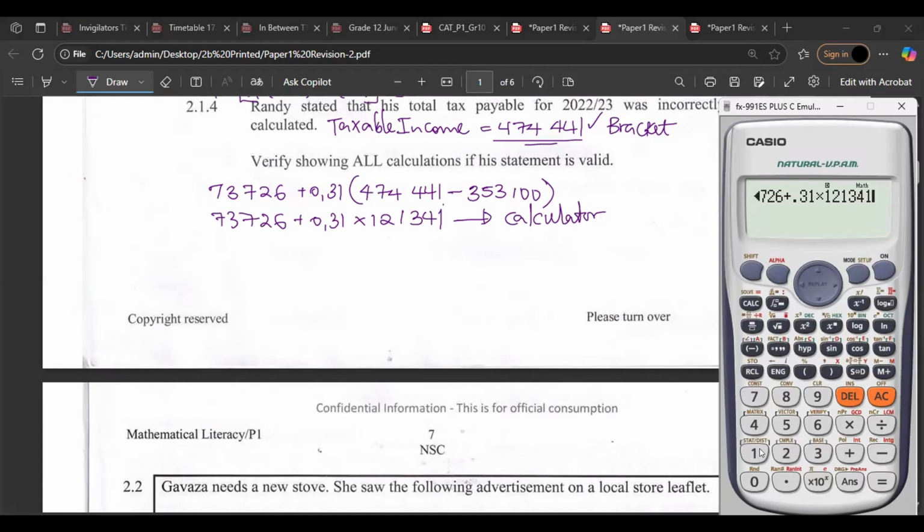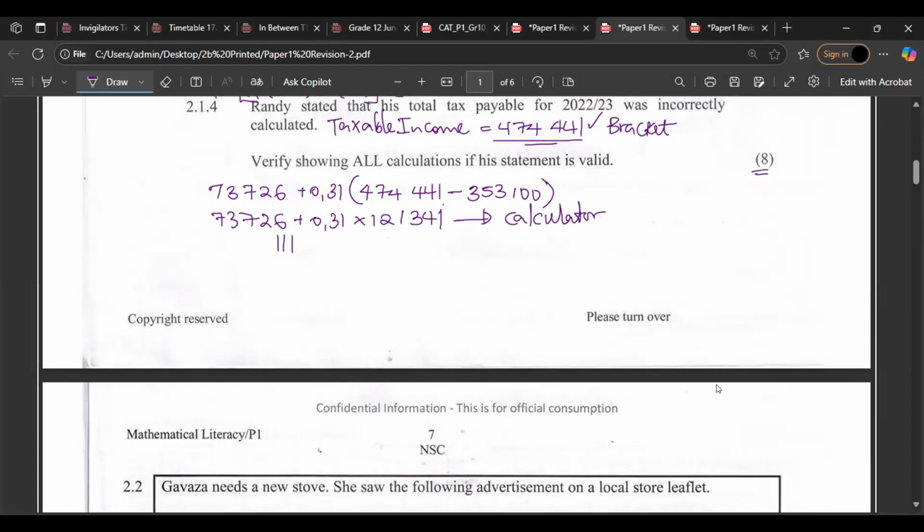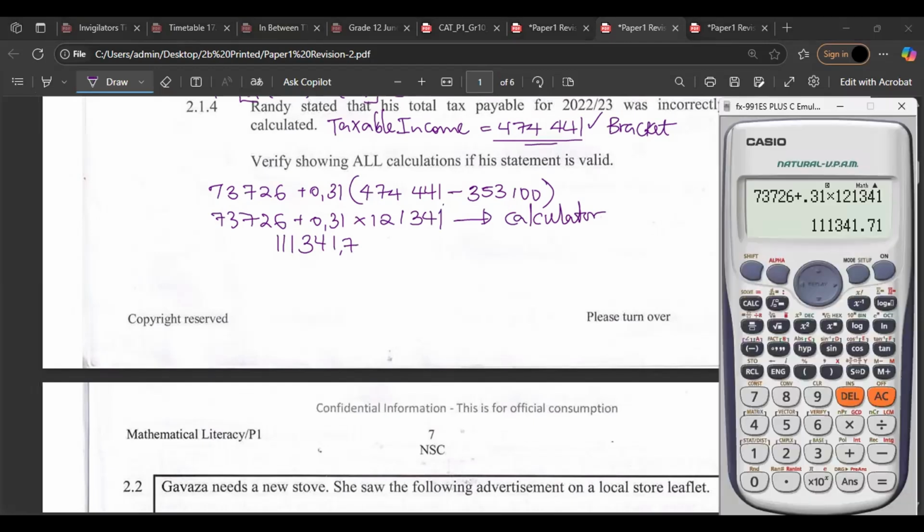Okay? Then you press your answer there, whereby we get the answer as 111,341.71.